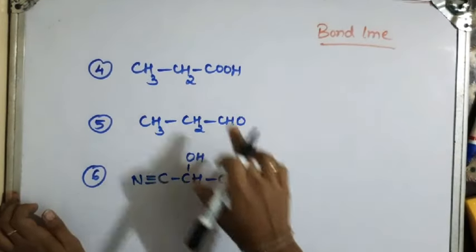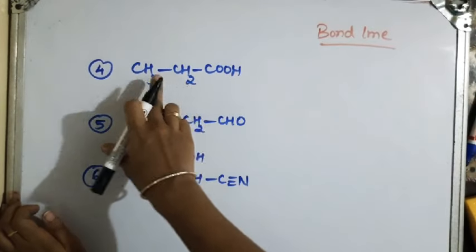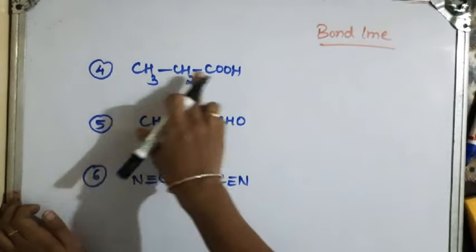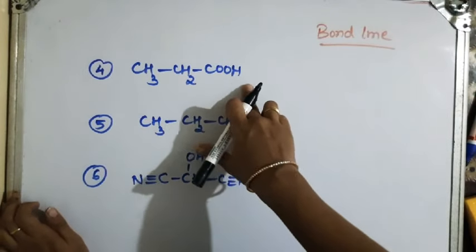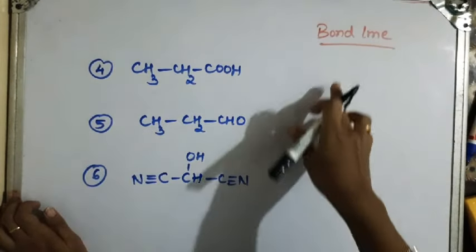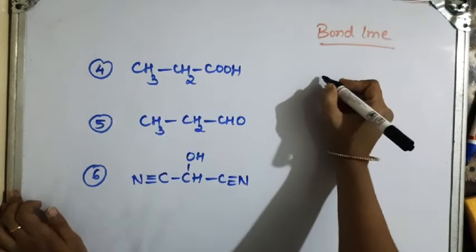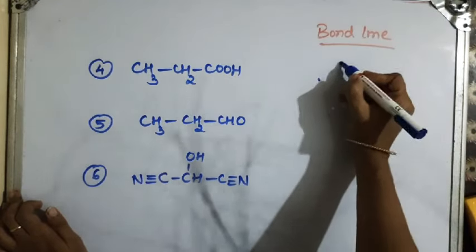How to write the bond line for this? See here, 3 carbon atoms are there. The last carbon is a COOH group. Okay, COOH is a functional group; we call it carboxylic acid. So how do we write it? How many carbons are there? 3 carbons are there. So just arrange them in a zigzag manner.